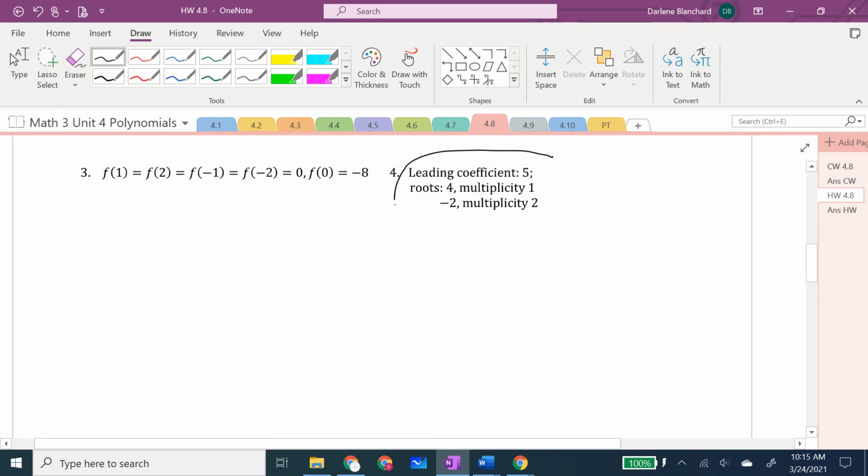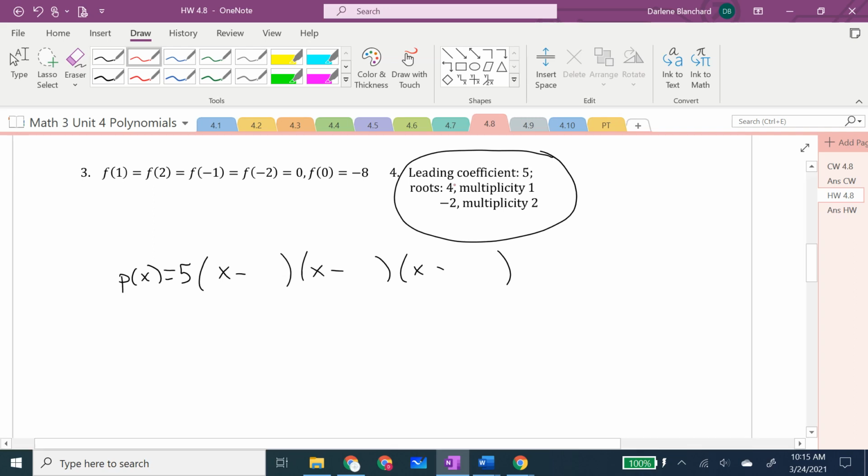Okay, for number 4, we have the leading coefficient is 5. So automatically, I'm just going to put a 5 in front, and then it's going to be x minus for as many times as I need. But that's more times than I need, because my roots are 4 with a multiplicity of 1.